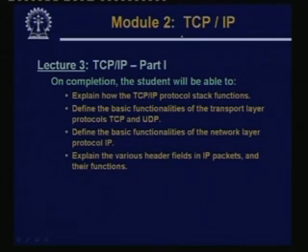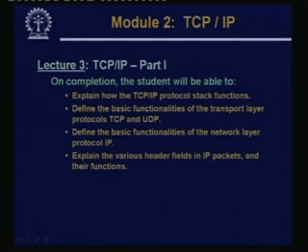In the second module, which was on transmission control protocol and internet protocol, TCP/IP, in the third lecture, TCP/IP part 1, we basically talked about the TCP/IP protocol stack and how it functions.